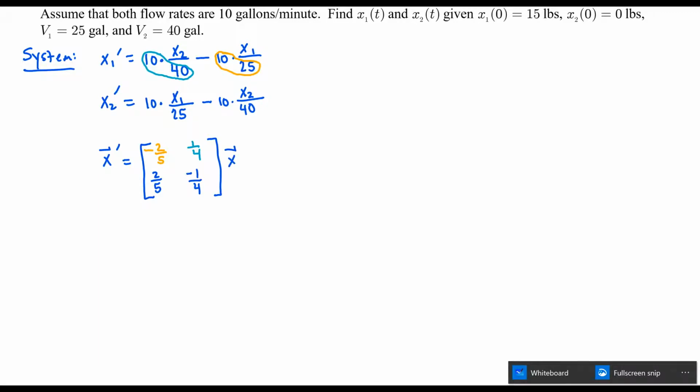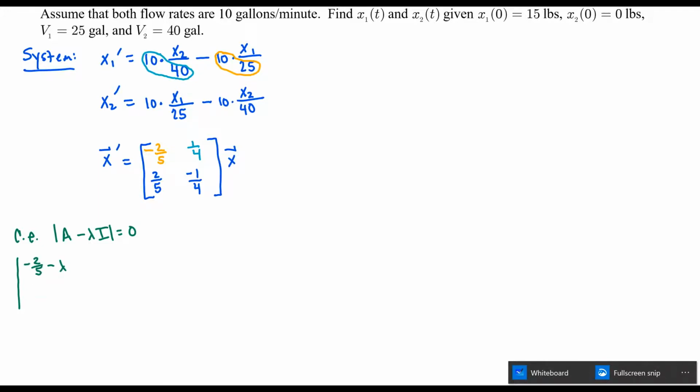And from this, we need to derive our characteristic equation. So our characteristic equation for a system is determinant of A minus lambda I equals 0. So we have determinant of A, negative 2/5 minus lambda.